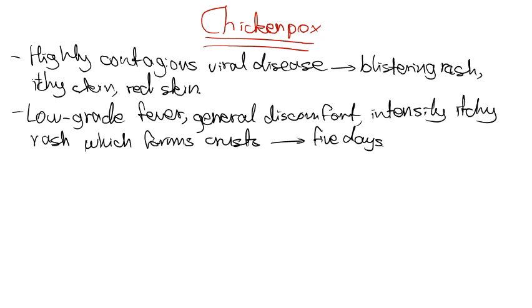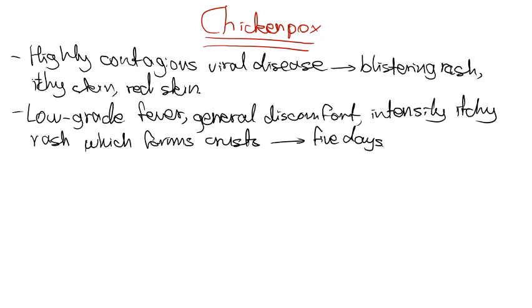So to review, chickenpox or varicella zoster virus is a highly contagious viral disease causing a blistering rash with itchy skin and red skin. And it's highly contagious, which means that children who are exposed to this rash should be isolated.